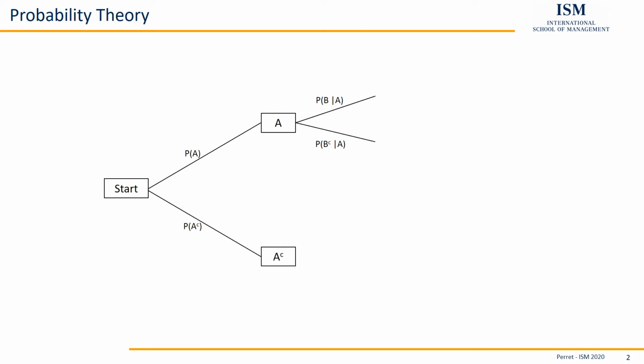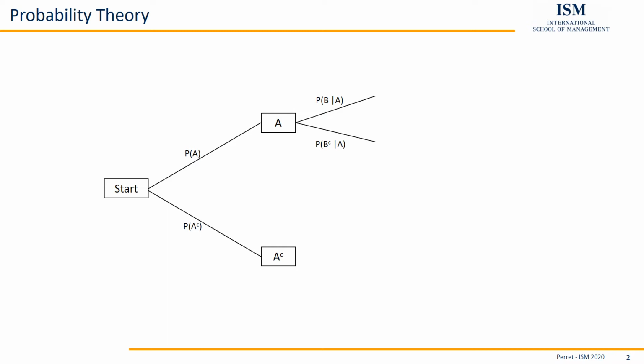So under the assumption that it happened, what is the probability that B happens? That's the upper one: probability of B, then the vertical line, which means under the assumption that A already happened. Or the lower one, B not happening under the assumption that A already happened.